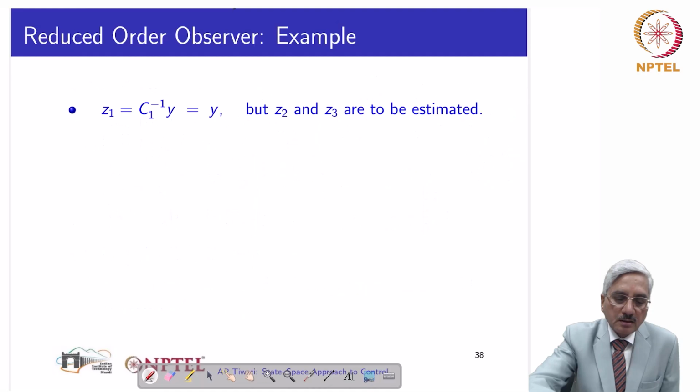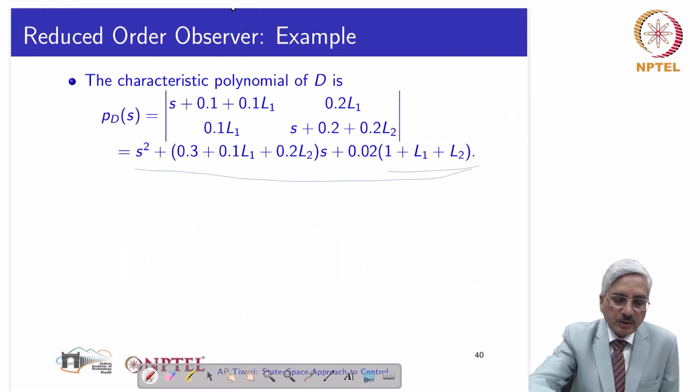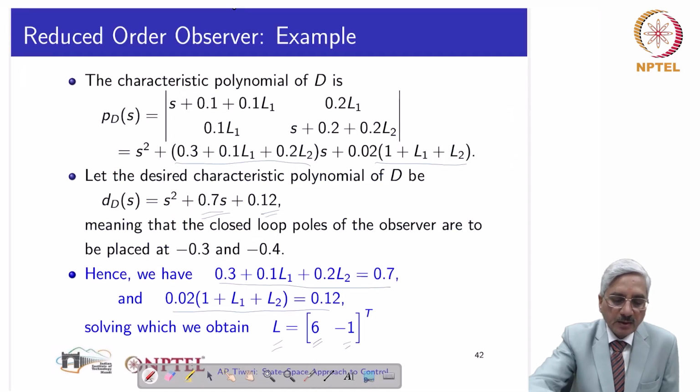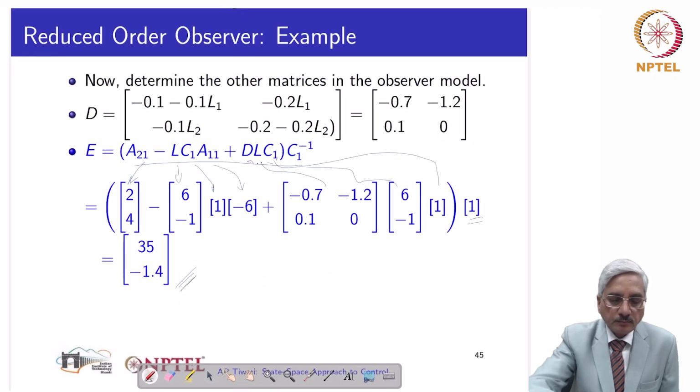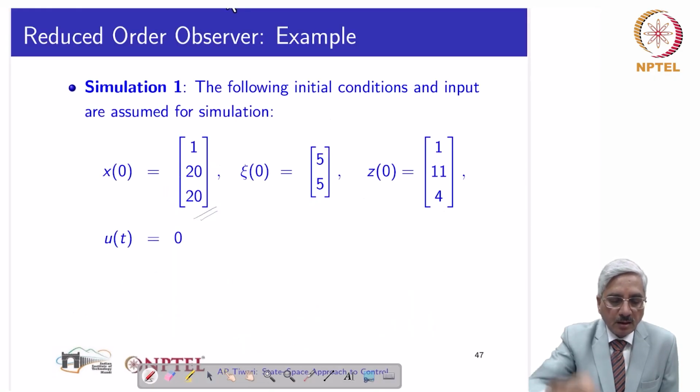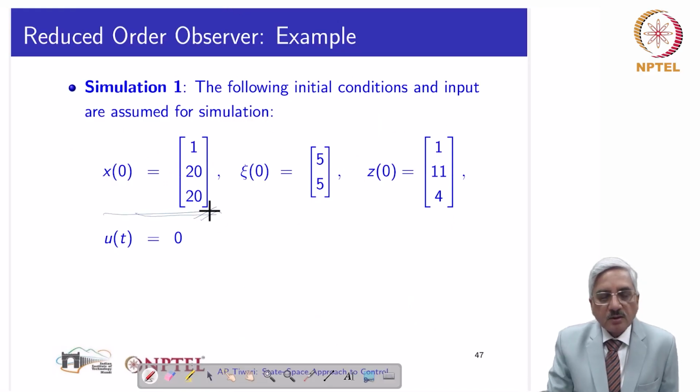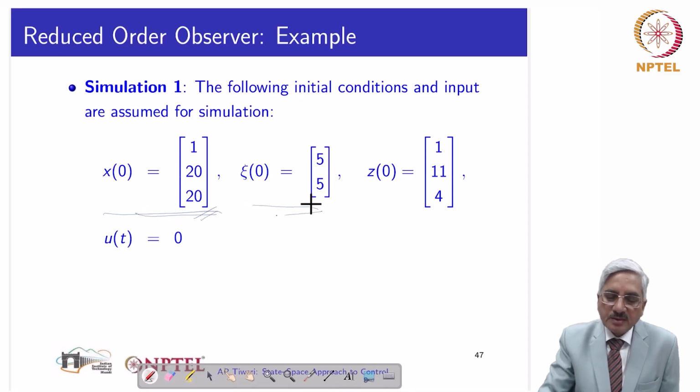Let us go back, go forth where we were. We came back. Here. So we assume the system to be at the equilibrium, and we assume that state equation for the observer is xi dot is D xi plus E y plus F u.